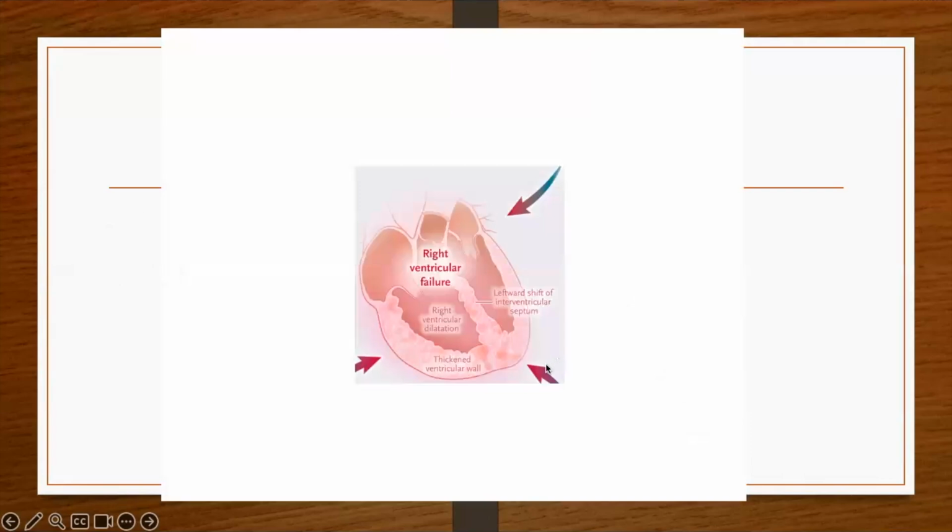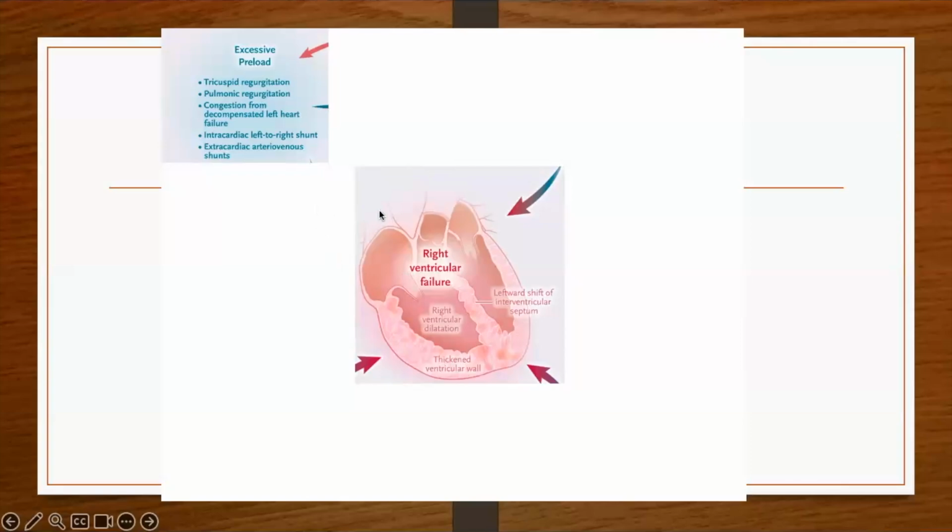This is just a very broad overview of the various different pathologies that can affect the right ventricle, with the end results of right ventricular dilation, thickened ventricular wall, RV hypertrophy, and ventricular interdependence with the leftward septal shift. Breaking it down, there's things that affect the RV preload: valvular regurgitations, left-sided heart failure, significant left-right shunts.